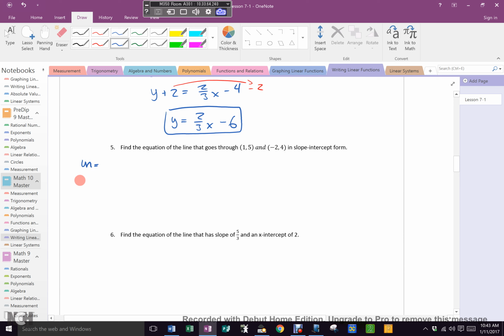M equals what? So what's y2? 4 minus 5 over negative 2 minus 1. What's 4 minus 5?